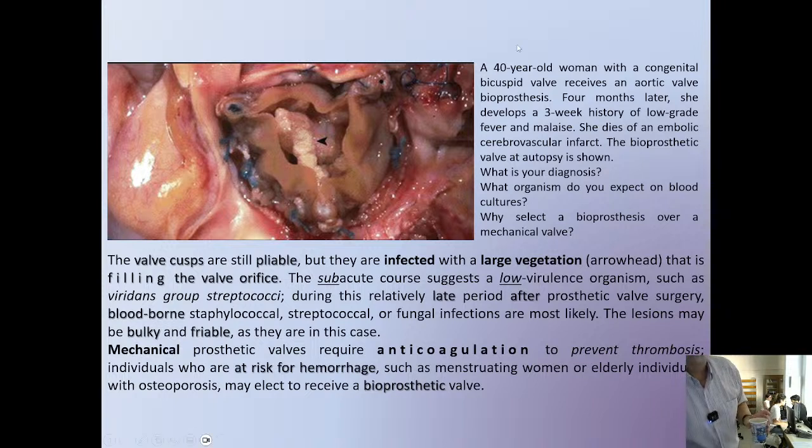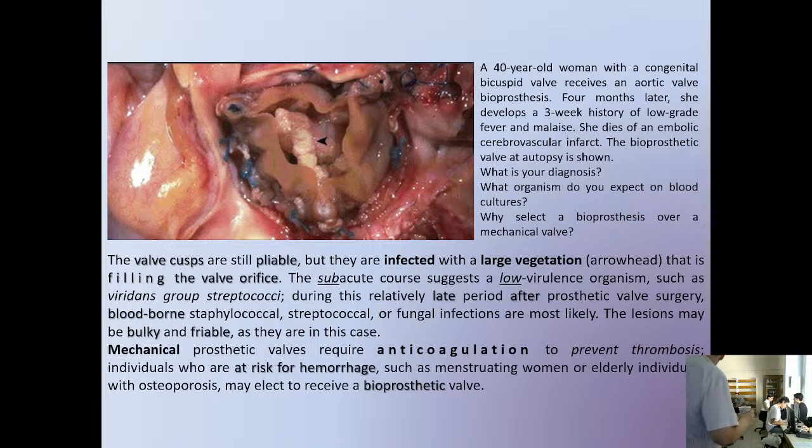When we see these vegetations, we understand that an infectious factor has made all these vegetations. And you see now that when we change valves that have a problem, there is a question.